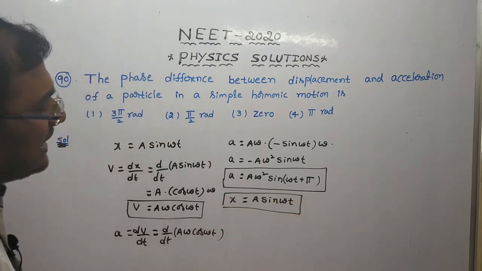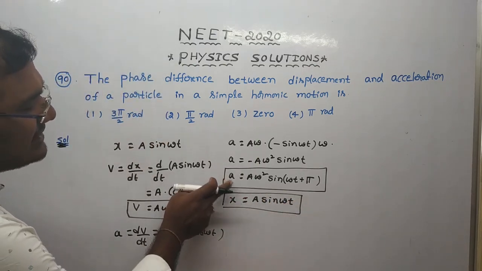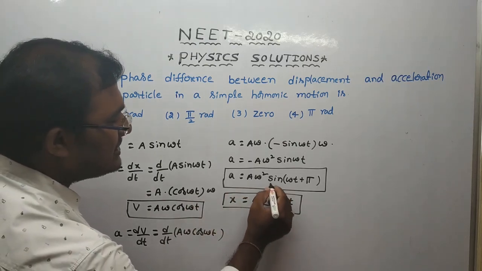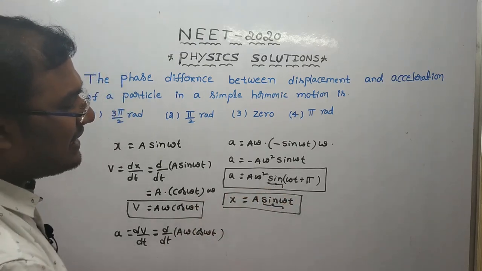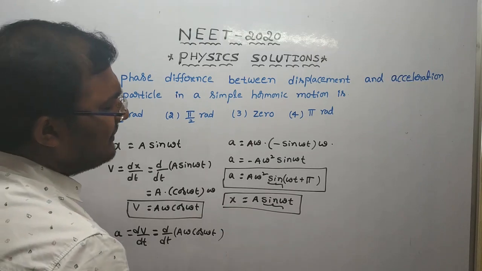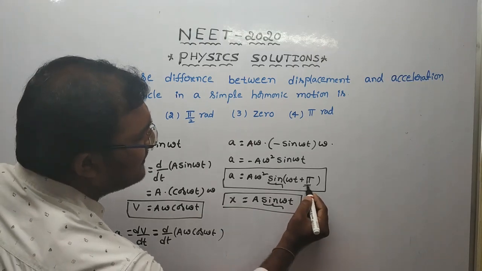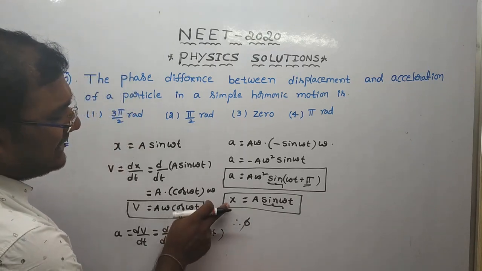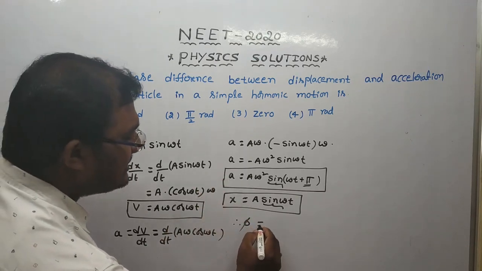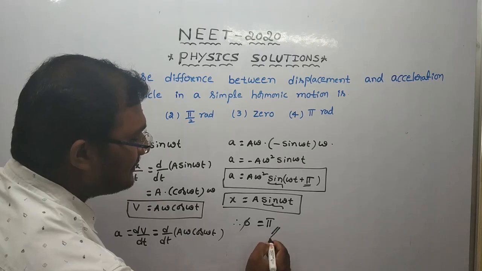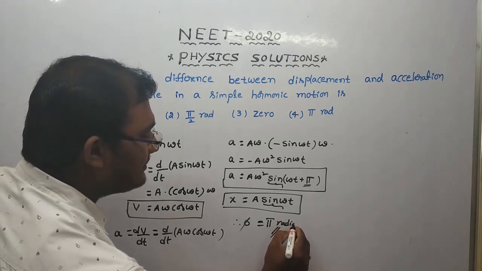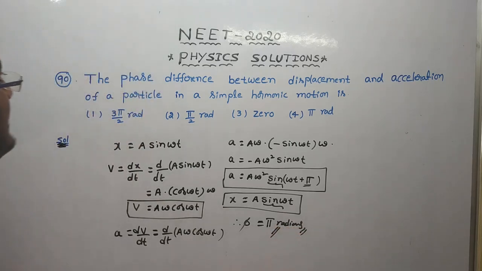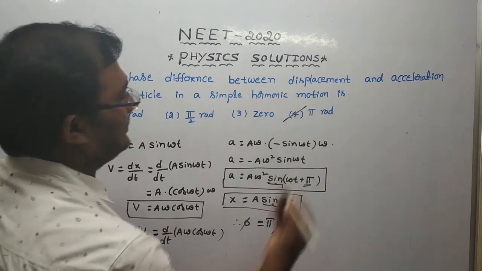By observing the displacement and acceleration, both have the sine term but differ in phase by pi. Therefore, the phase difference between the displacement and acceleration is pi radians. Therefore, our answer is option 4.